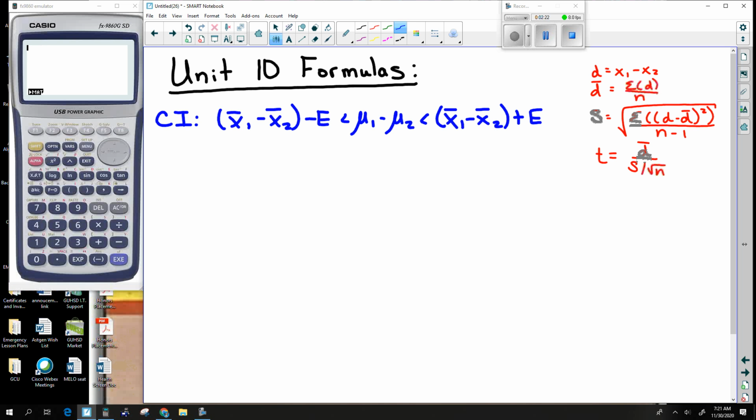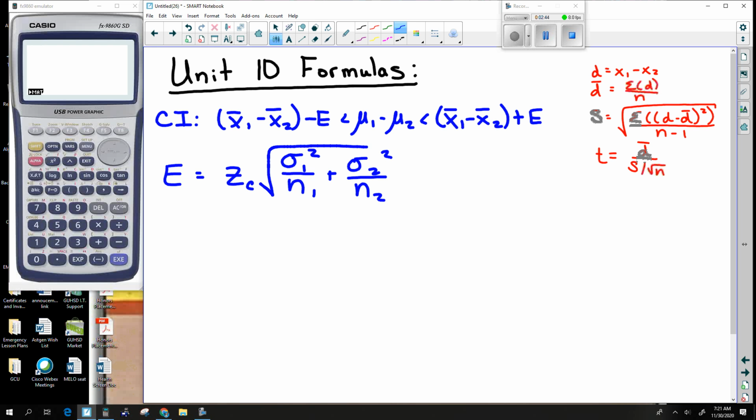The e, the margin of error, is the difference between these two problems. There's one in which we have a sigma. That's z sub c times the square root of sigma 1 squared divided by n1 plus sigma 2 squared divided by n2.